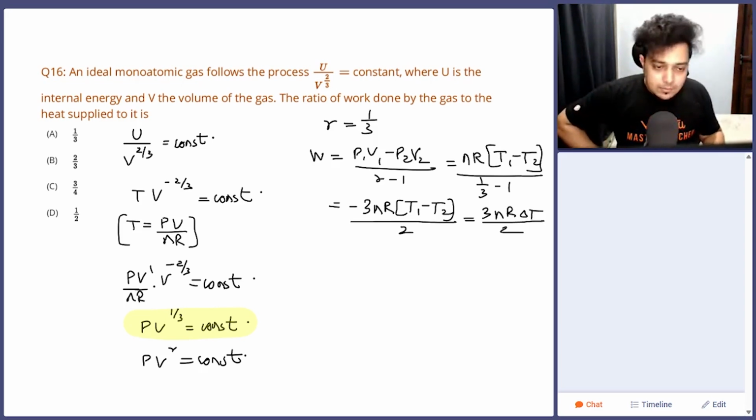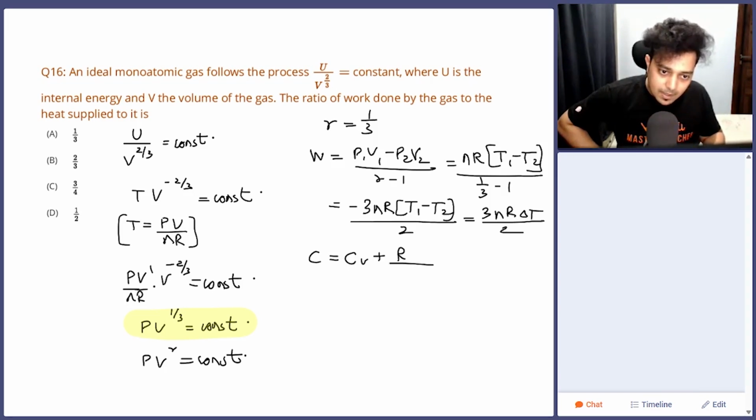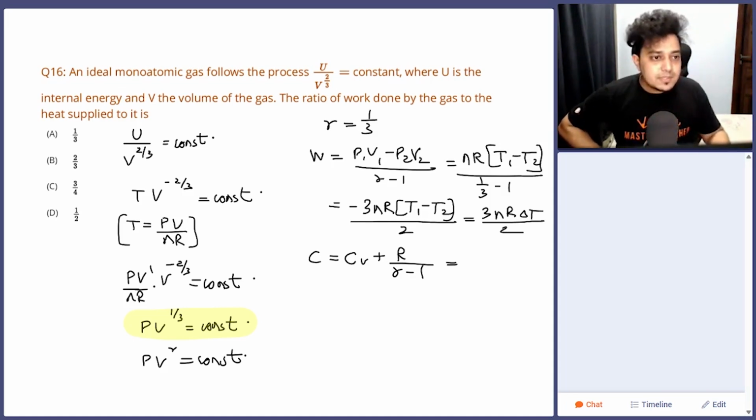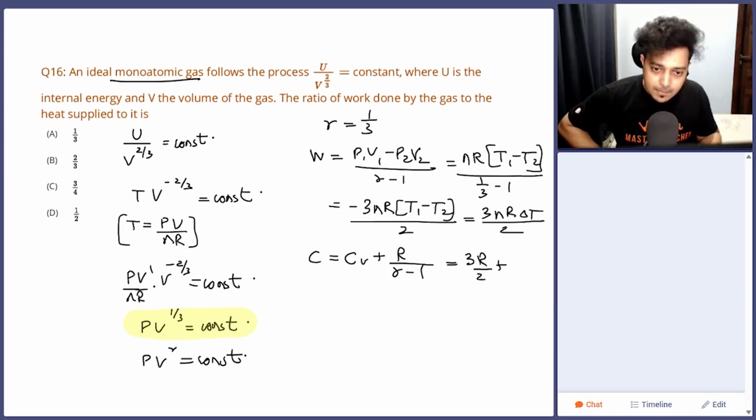Fine. Now, to calculate heat supplied, we need to know what is C, the molar specific capacity. For a polytropic process, C value will be equal to CV plus R upon small r minus 1. Now, you know the CV value: since it's a monatomic gas, CV is 3R by 2. And the r value, as we discussed, is 1 by 3, so 1 by 3 minus 1.